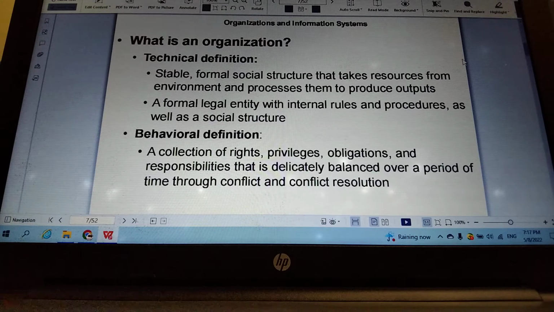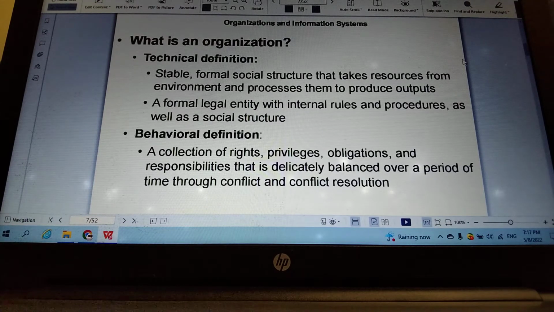The resources can be people, materials, or assets of the company, from the environment, from the organization, and processes them into producing output. Output in this case can be a product, and also can be services. It depends on the nature of the business.